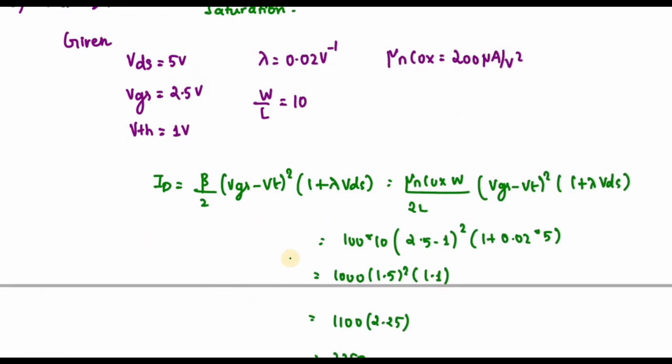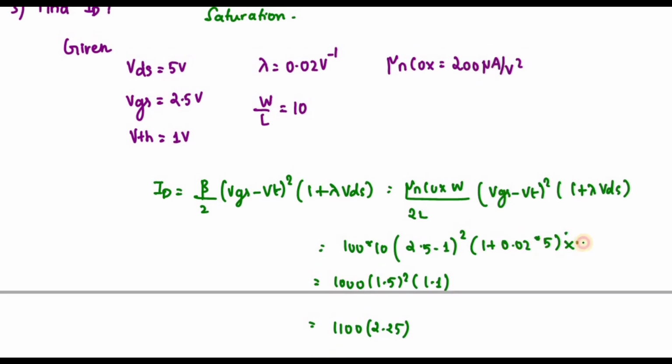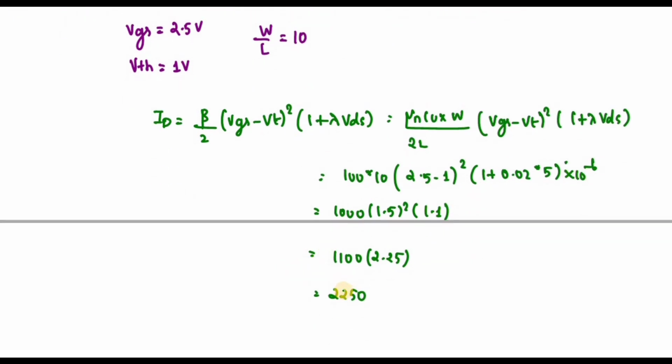You can see I have made one mistake. It is 200 into micro. The micro value I haven't put here, so it is 10 power minus 6. Usually the current should be in the form of decimal values, right?